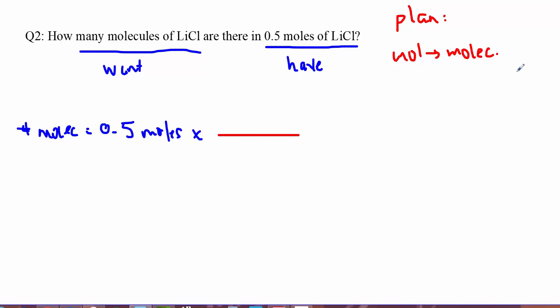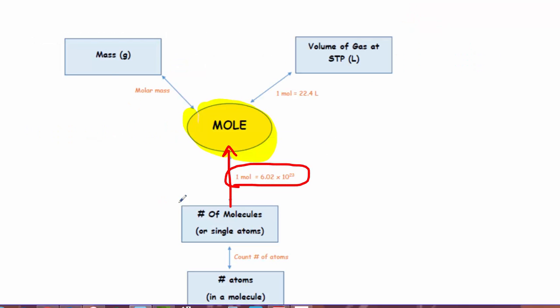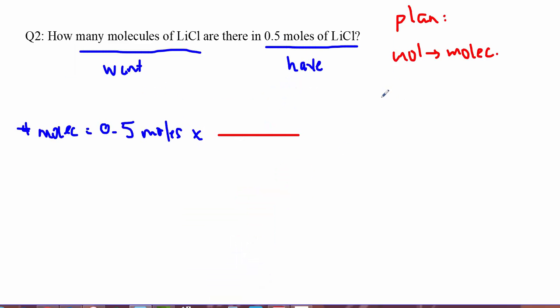I'm starting with moles, and this time I'm going to molecules. And so again, I'm going to use Avogadro's number, 1 mole equals 6.02 times 10 to the 23 molecules. So there's my conversion factor.